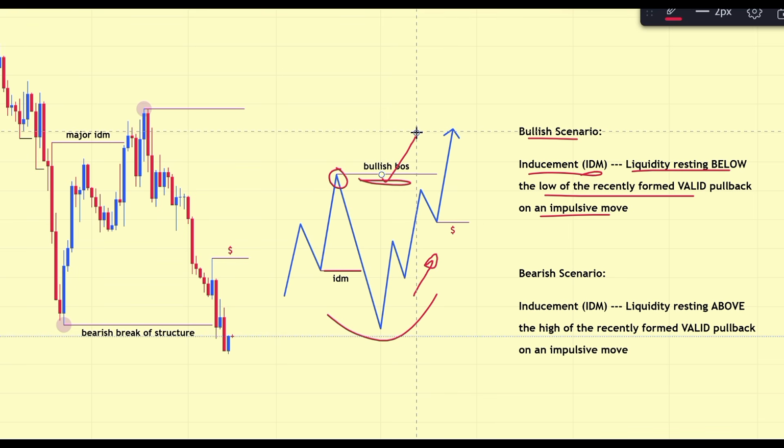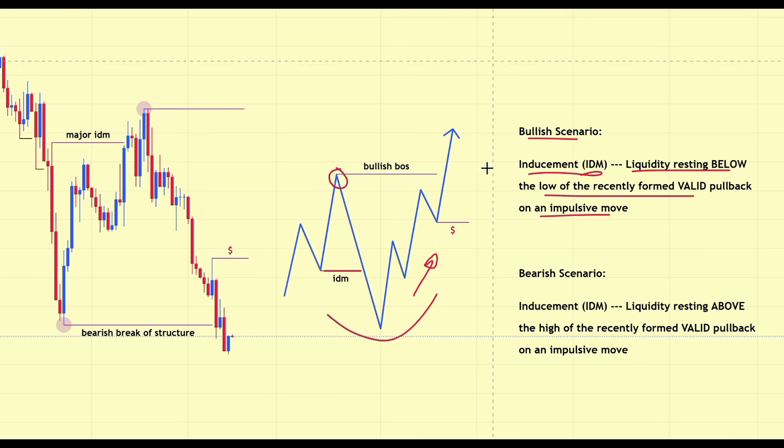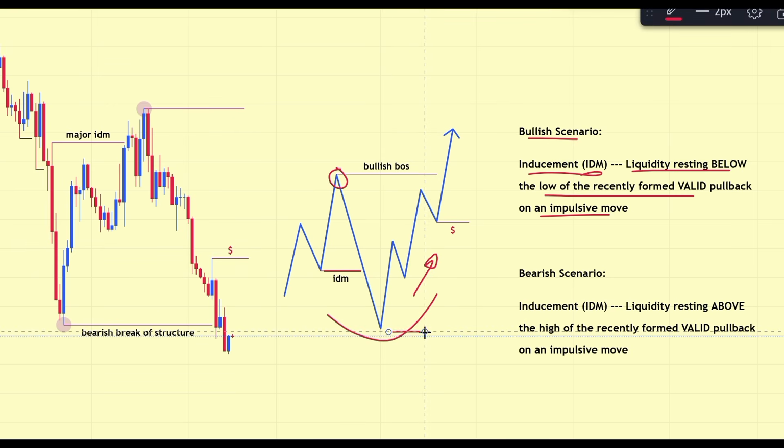This means now we will be in a new trading range as well as a new impulsive move. So right here we can clearly see the definition. We say that it's the liquidity resting below the low of the recently formed valid pullback on an impulsive move, and we have just identified our impulsive move, and we know it starts from here and currently ends right there.